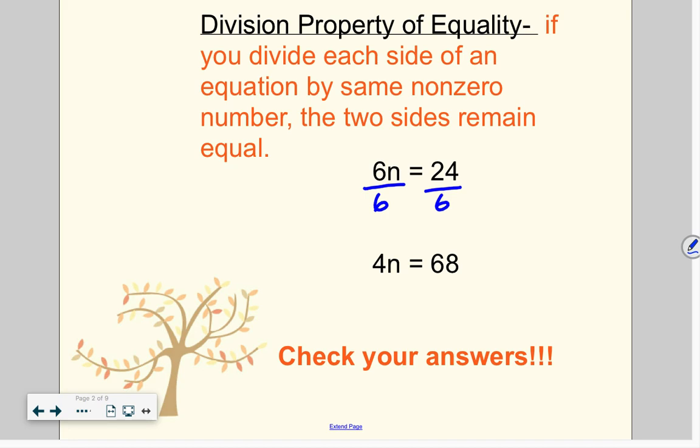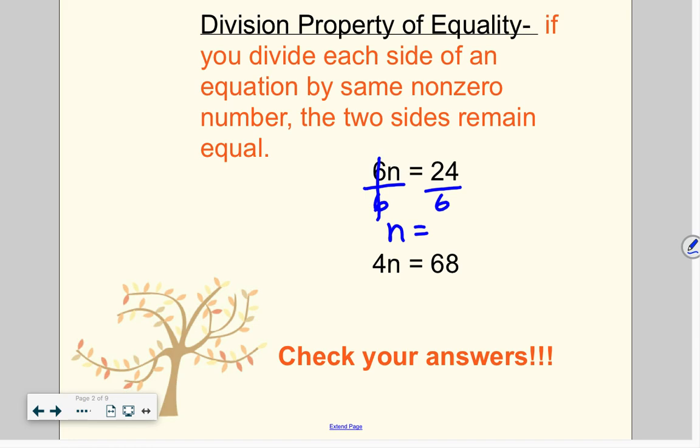Now, what is 6 divided by 6? 1. Do I need to say 1n? What is 1 times a number? Whatever that number is, right? So if 1 times a number is that number, we don't need to say it. We just say these cancel, and we just put the variable there. So show that the 6 divided by 6 cancels each other out. The n is still left behind, so don't cross off your n. You bring that down for your solution.